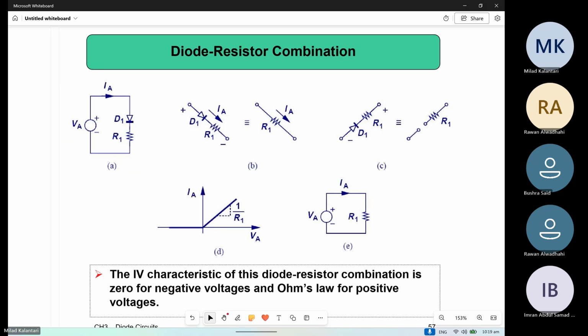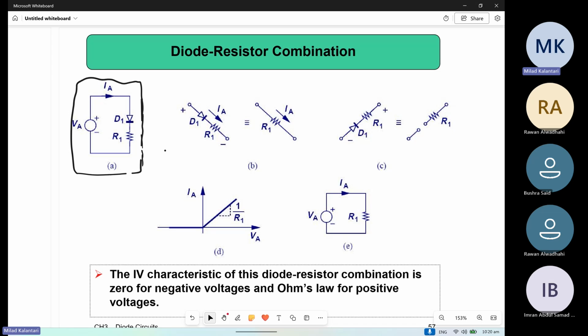So let's move on. How about the combination of the diode and the series resistor? What is happening? Let's say we have this circuit. The VA is changing from a negative to a positive value. So how is the current flowing?